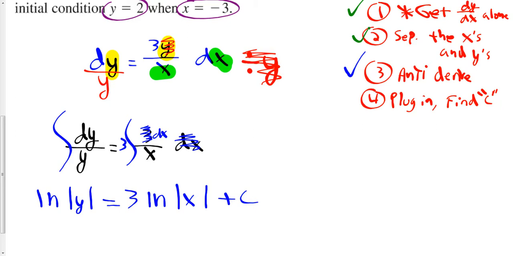Well, I have this equation, which is ln of the absolute value of 2 equals 3 ln of the absolute value of -3 plus c.